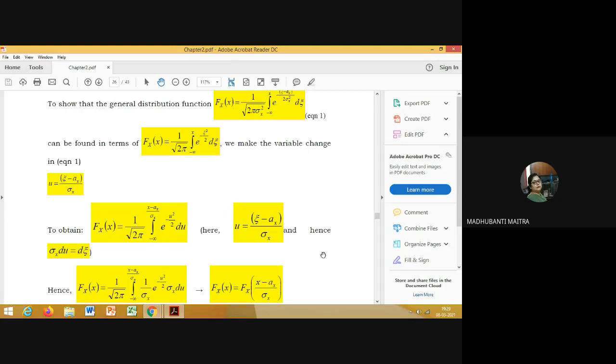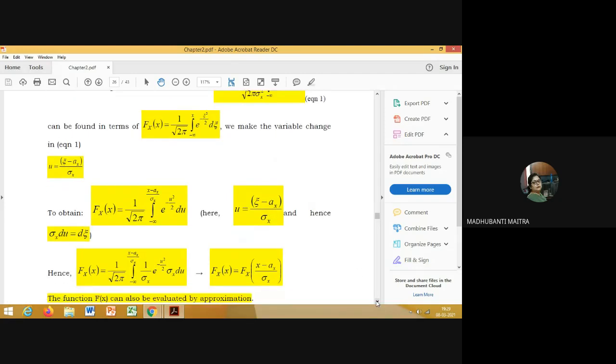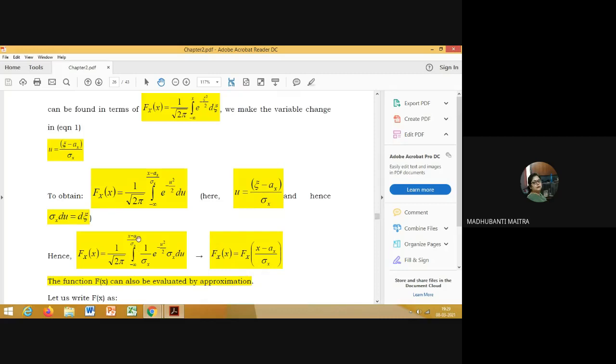And this is the new variable. So this is the new limit. And so F of x can be written as 1 by root over 2 pi, within the integration part, we'll have 1 by sigma x e to the power minus u square by 2 du.